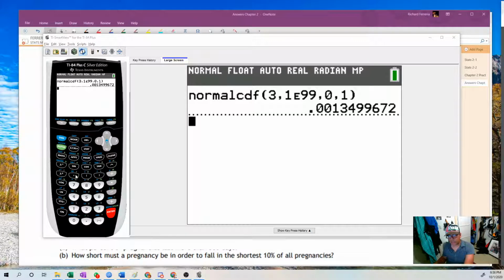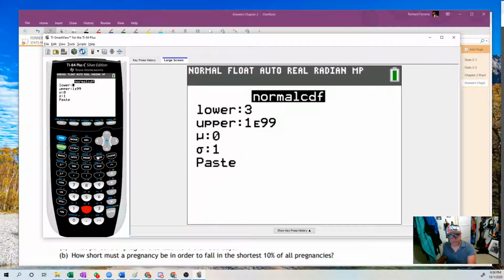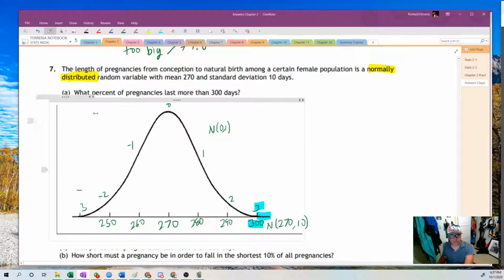Let's do this exact same thing, but in context. So in context, we are going to go back to the normal CDF, and our lower is 300 days, I think it was, and upper, there really is no upper limit again, so I'm going to keep that at 1E99. But this time I'm going to change the mean and standard deviation to relate to this problem.